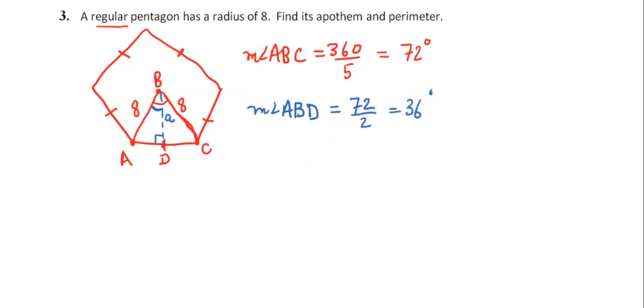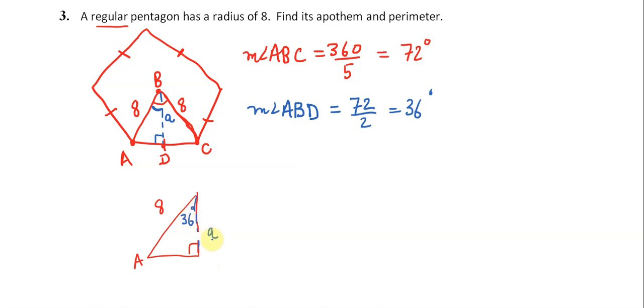Okay. So I'm going to redraw, I'm just going to extract this picture as best I can. So this is 8, this is A, big A, this is little a, that's my apothem here that I'm looking for, and I know that this angle up here is 36 degrees.